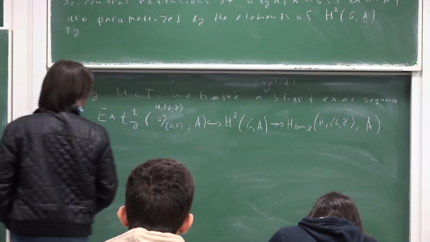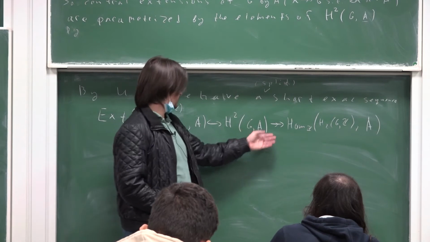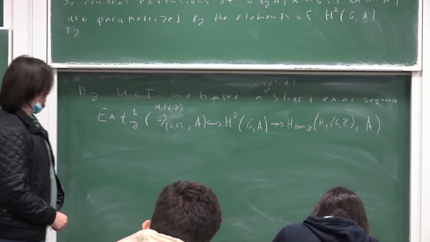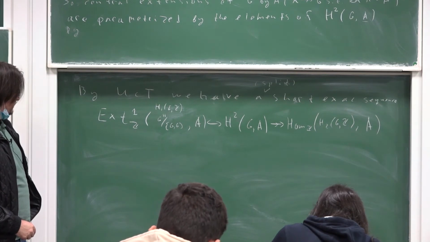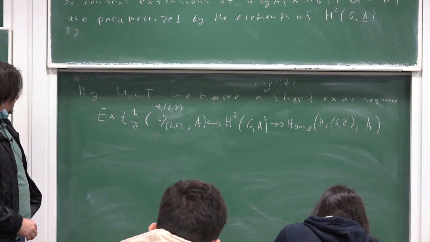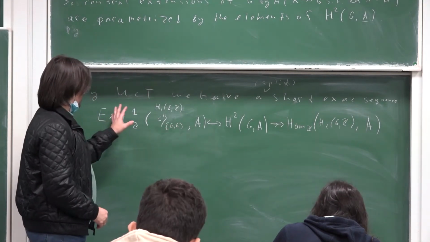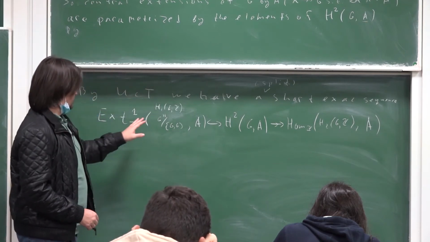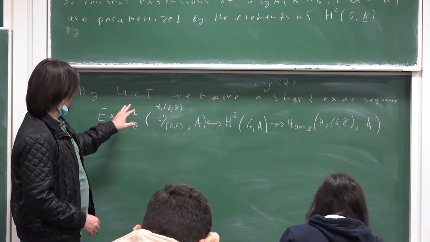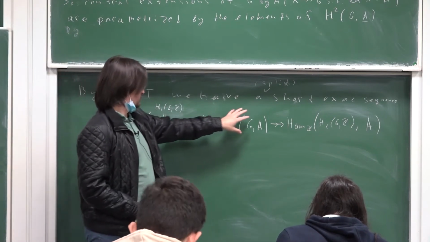Yeah, so central extensions of G by A can be, all central extensions can be constructed using such things and such things independently. These things depend on A, but are not so difficult.